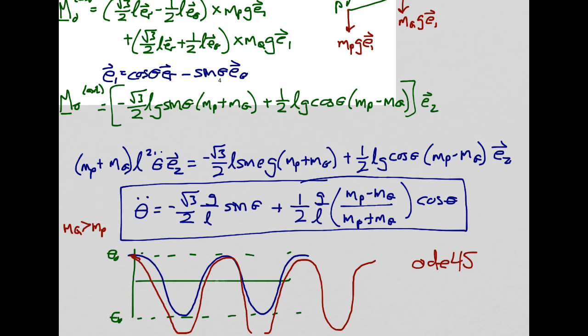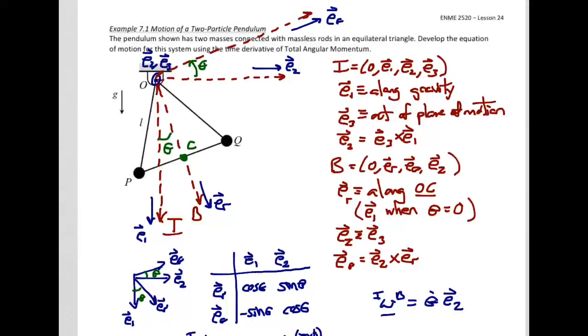You then have to account for the constraint forces between P and Q, the constraint forces between O and Q, and also between P and O, and then solve simultaneous equations. You can get the same answer, but it really is a lot more work. You also need to calculate the acceleration, which can sometimes be cumbersome. The advantage of doing F equals ma is that you can get those constraint forces easily, but if you don't need those constraint forces, using this angular momentum approach can save you some time.